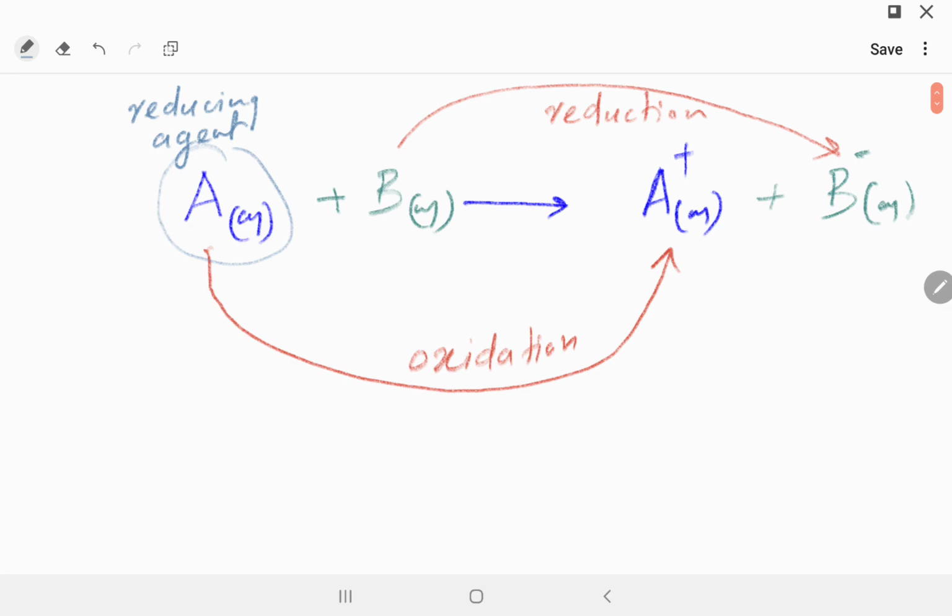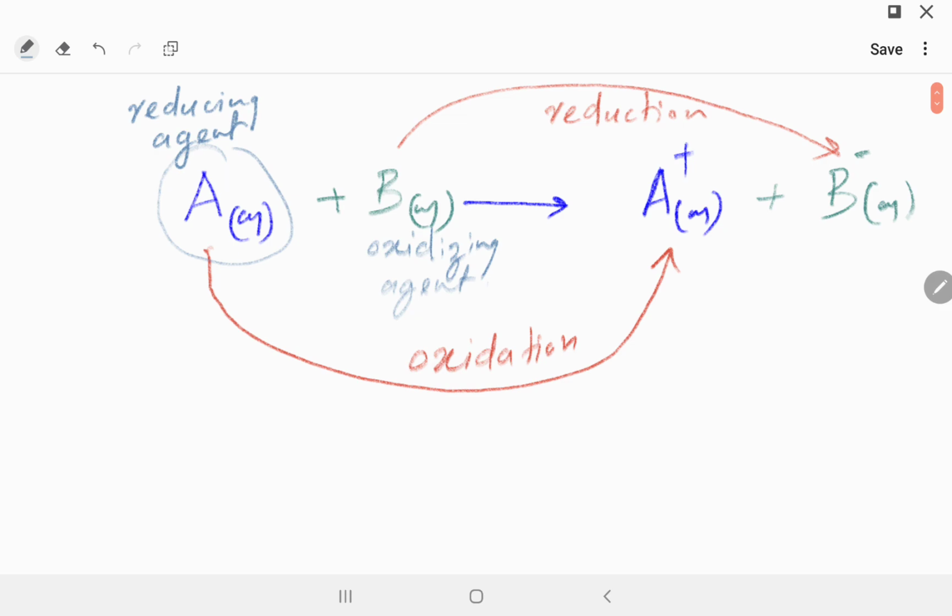So that is why we call it the reducing agent. And B is the agent that helps the oxidation, right? So we call B the oxidizing agent. So these are some of the other technical terms that I want you to remember.